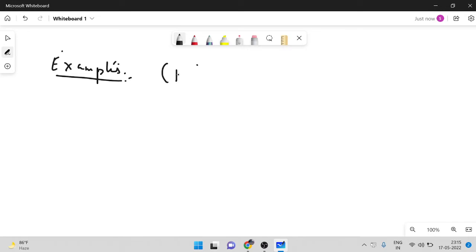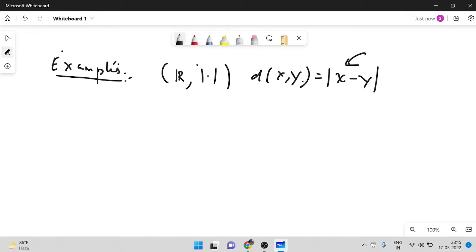The set of real numbers is basically a vector space and also a metric space induced by the modulus norm, where d of x comma y, the distance between two real numbers, equals the absolute value of the difference of the two numbers. So this is a vector space with a metric induced by norm.